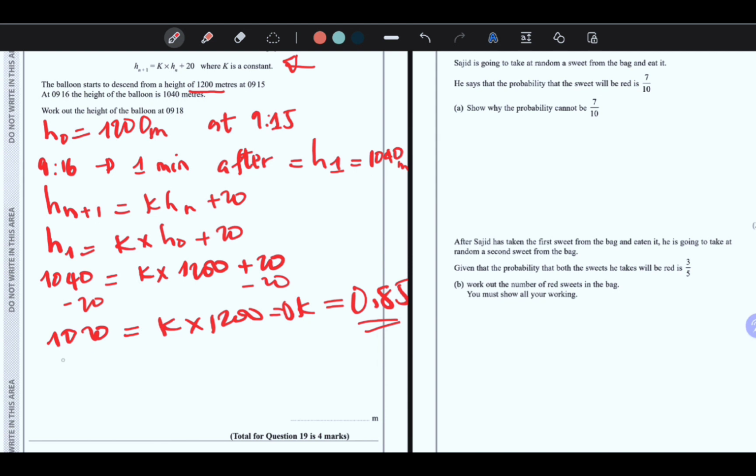Okay, now they want us to find the height at 9:18. The height at 9:18 means that 3 minutes have already passed, because it started at 9:15, and we are talking about h3.